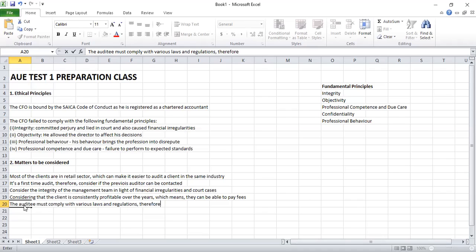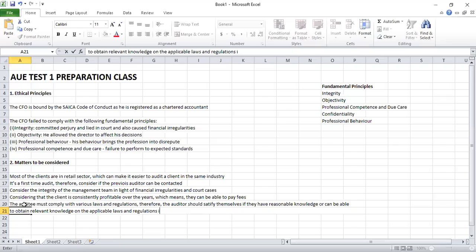Therefore, the auditor should satisfy themselves if they have reasonable knowledge, or can obtain relevant knowledge, on the applicable laws and regulations impacting financial statements.